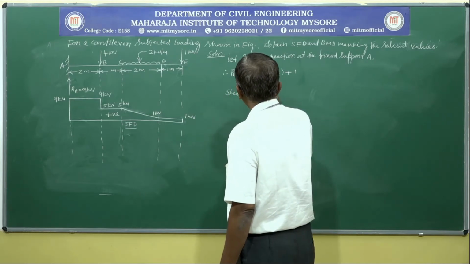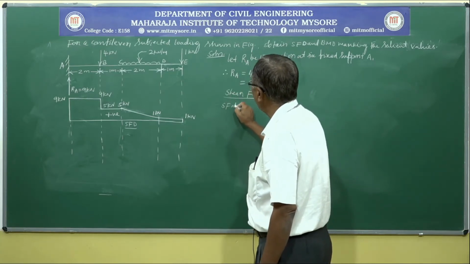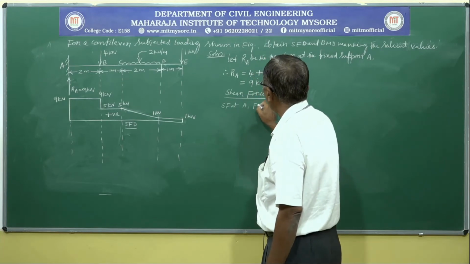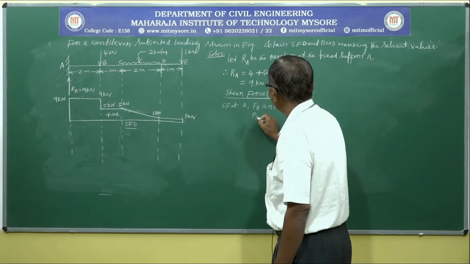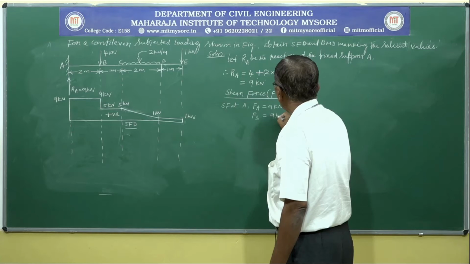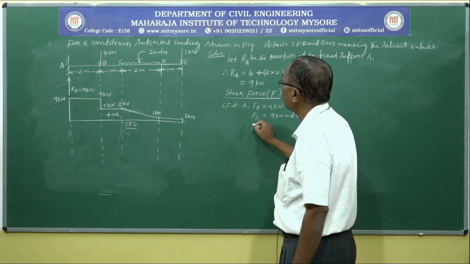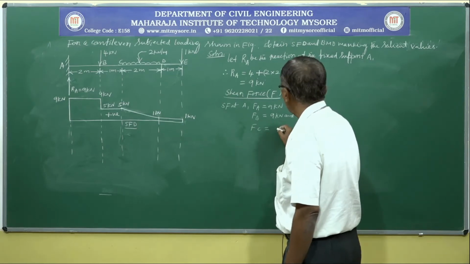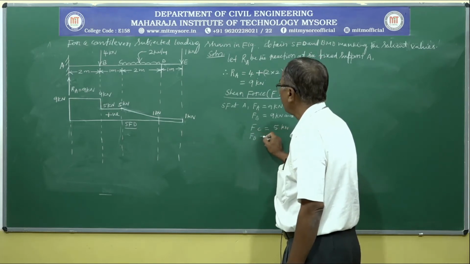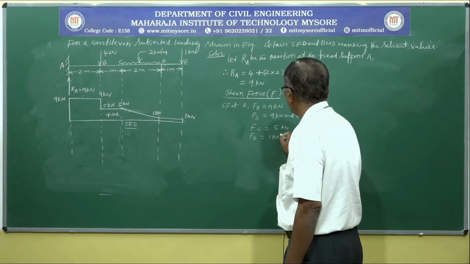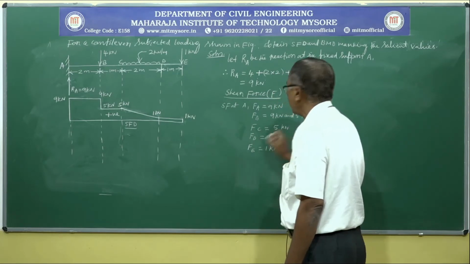Shear force at A, FA is equal to 9 kilonewton, FB is equal to 9 kilonewton and 5 kilonewton, FC is equal to 5 kilonewton, FD 1 kilonewton and FE is equal to 1 kilonewton.